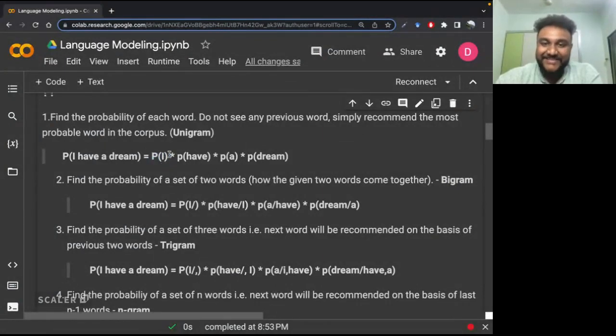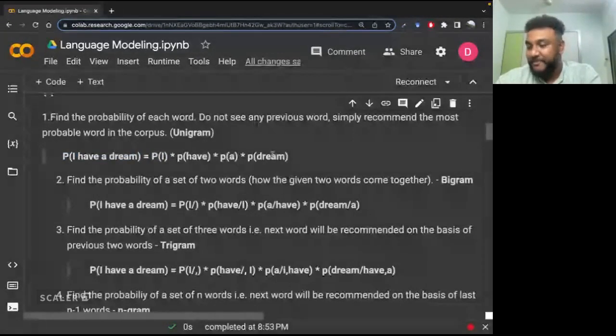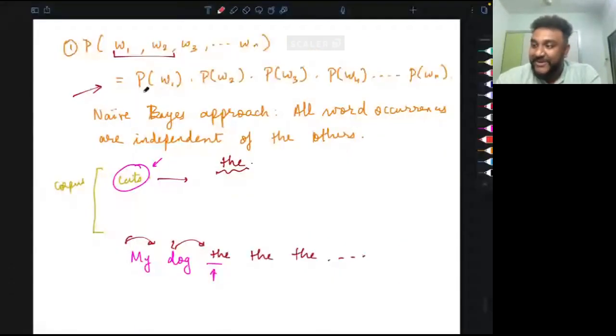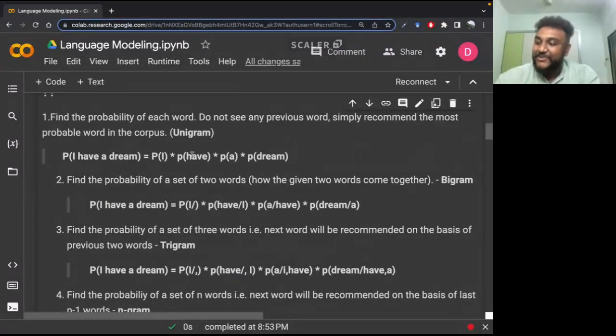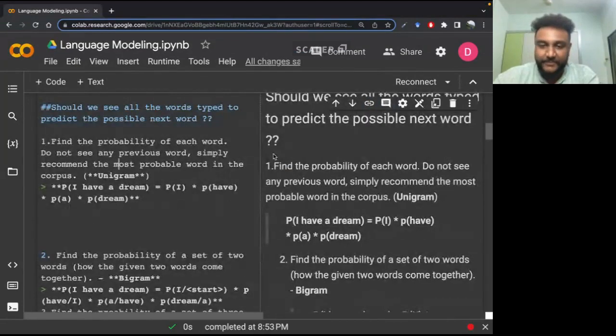P of I have a dream being P of I into P of have into P of a into P of dream is unigram, because I'm simply taking the probabilities of each individual word and multiplying them. So this is a unigram, guys. Sorry for the confusion. Is everyone on the same page? I see that a lot of people gave me a different answer. Is this clear? This is unigram. Anyone who has a doubt, please hit no right away.